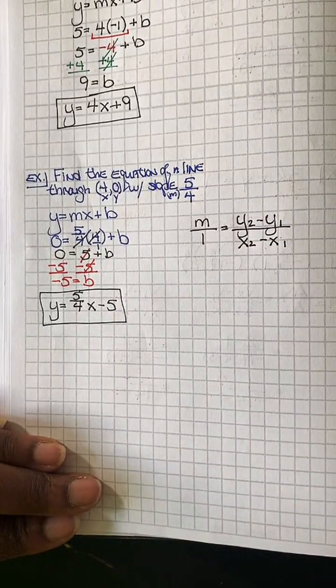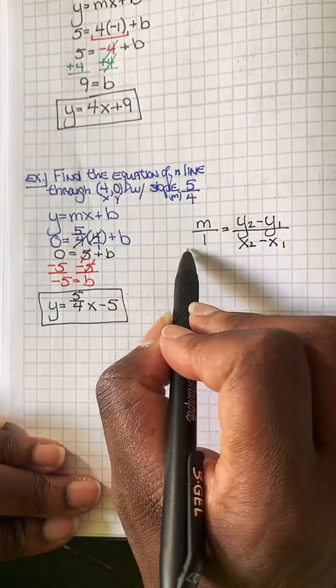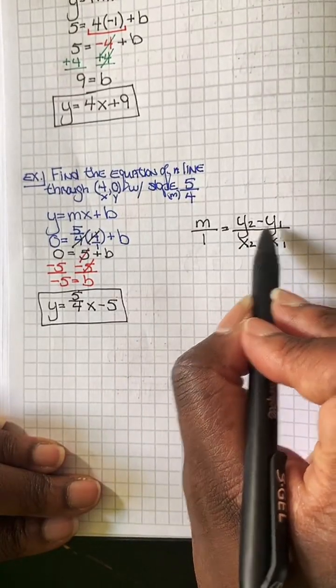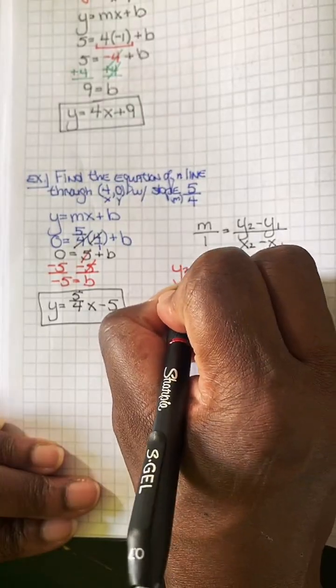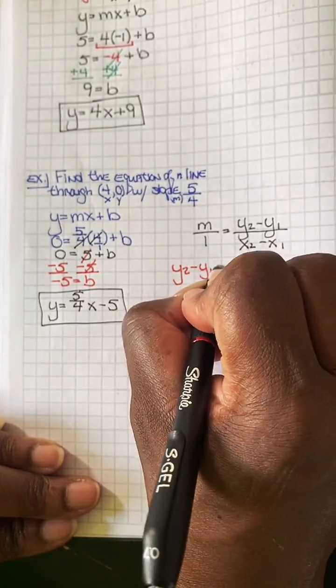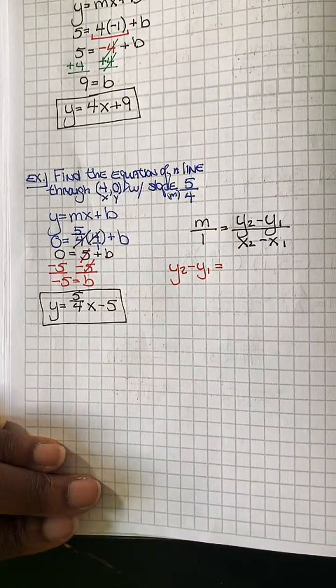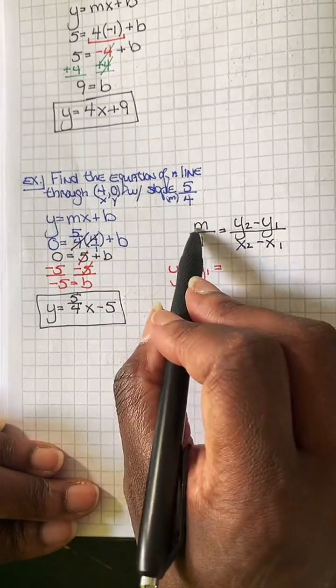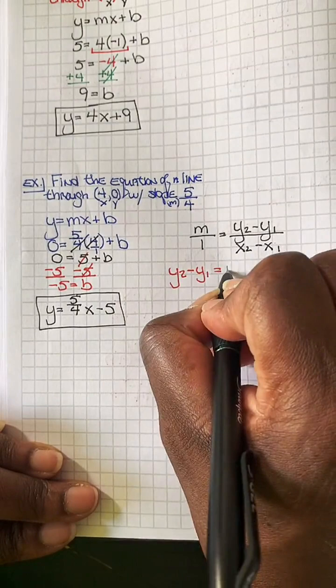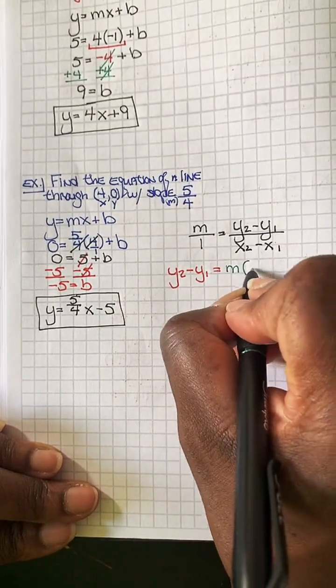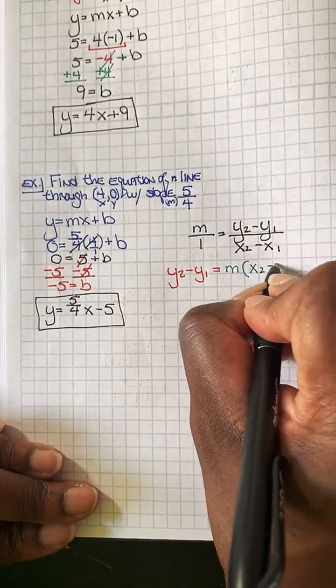If I cross multiplied, y sub 2 minus y sub 1 times 1 will simply be y sub 2 minus y sub 1. If I cross multiply the m times the x sub 2 minus x sub 1, it'll just simply be m times x sub 2 minus x sub 1.